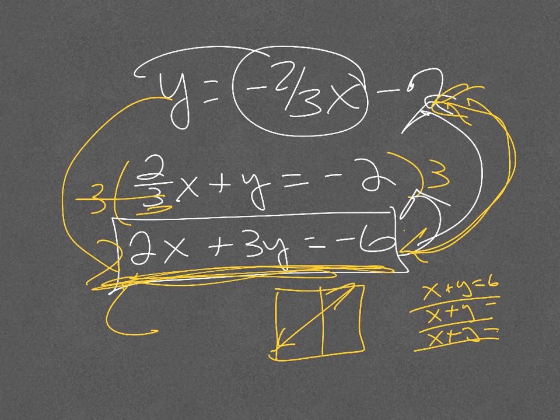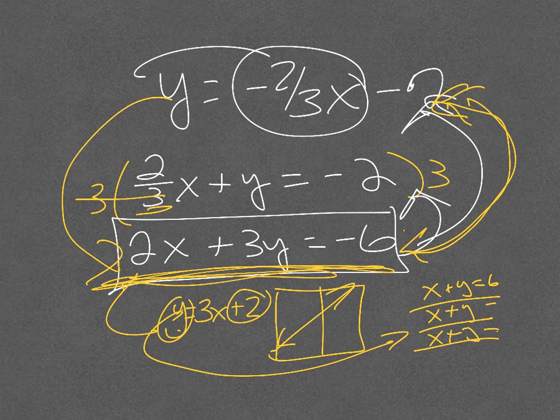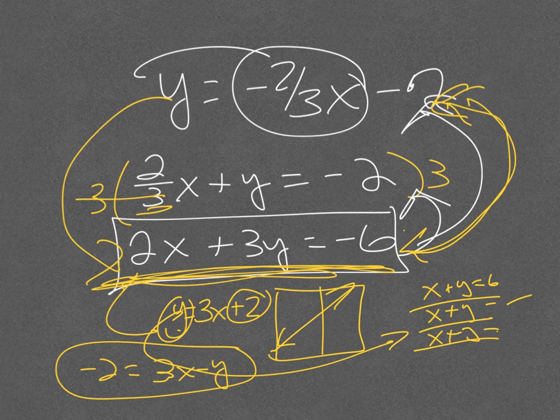So it's easy to write an equation in slope-intercept, but you need to know how to change that to its standard form, because your answer's in standard form. So you would just swap places, and you'd have negative 2 equals 3x minus y. And that would be one of your choices. So there's a reason you need to know how to move them back and forth. Do your practice.